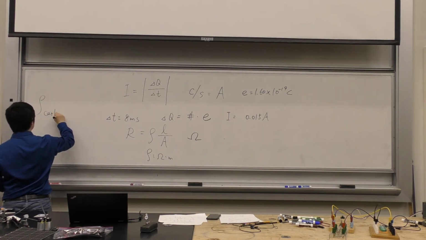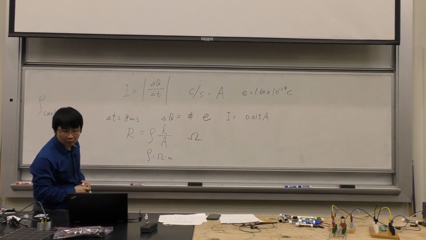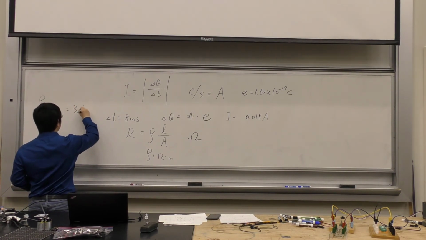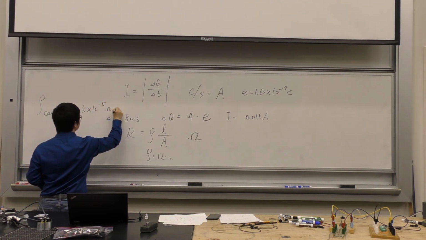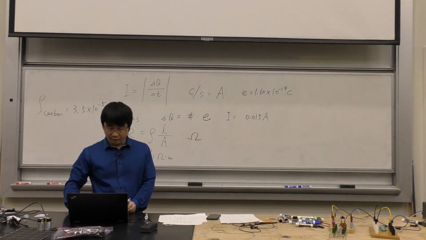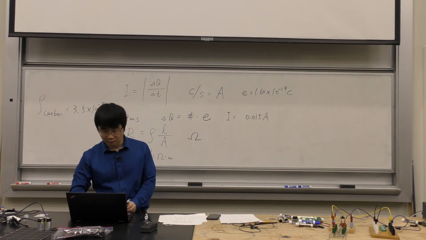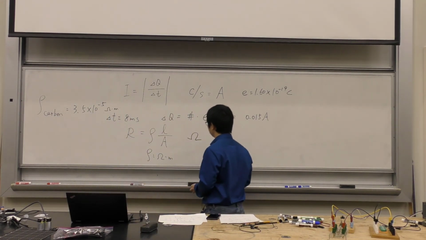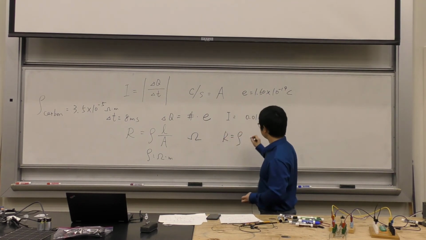That's going to be 3.5 times 10 to the negative fifth. So carbon is still a very good conductor. You put everything together and you can find the resistance. You can pause the video and finish the algebra.